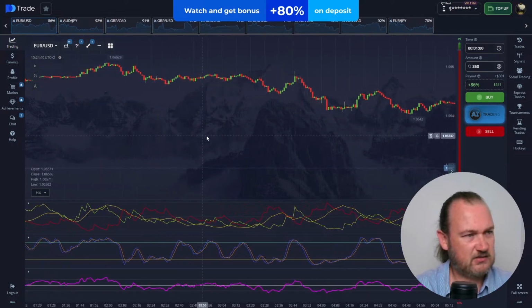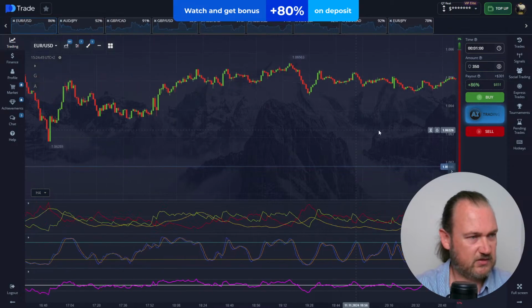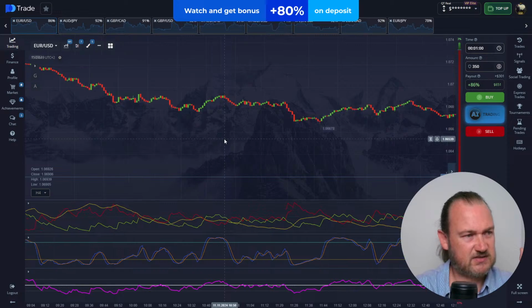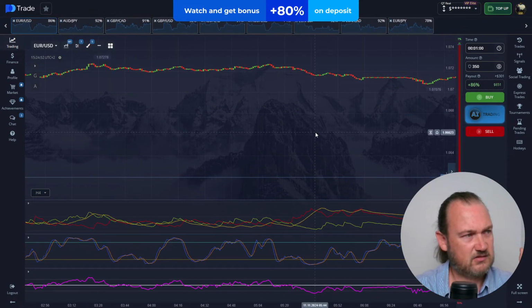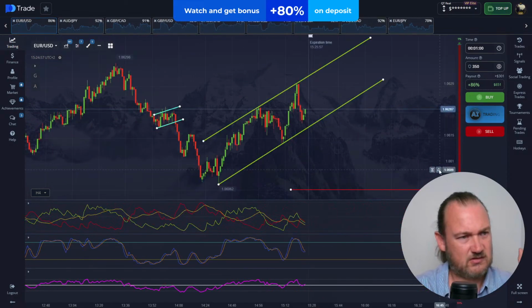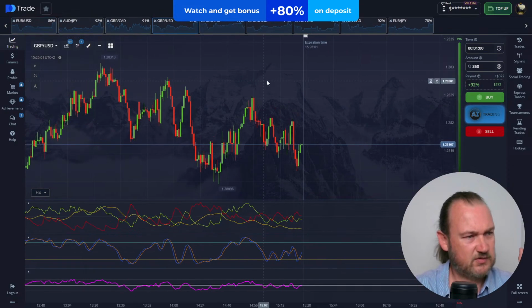Euro has been tanking. We have the US elections to thank for this. The dollar has been strengthening a lot this week. Okay, let's go back to there. Let's see what the pound is doing.